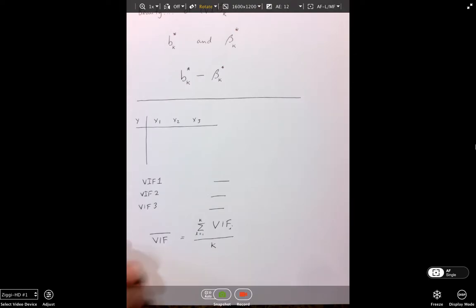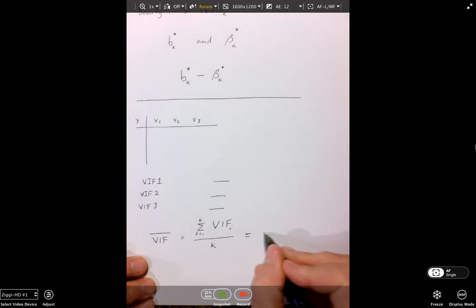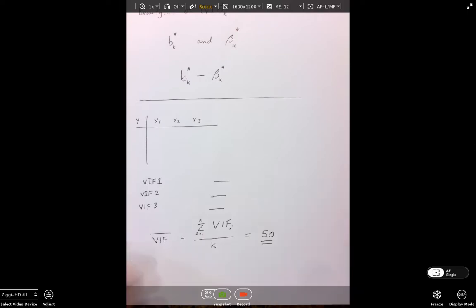So let's say that we end up getting an average variance inflation factor of 50. Then we could say that the error sum of squares is inflated by 50 times compared to what it would have been if our x variables were uncorrelated or not linearly related.